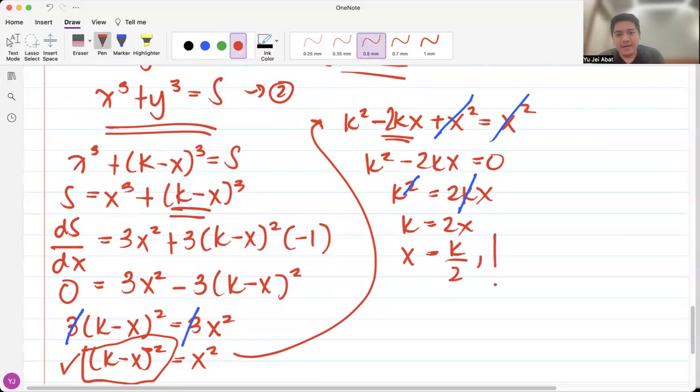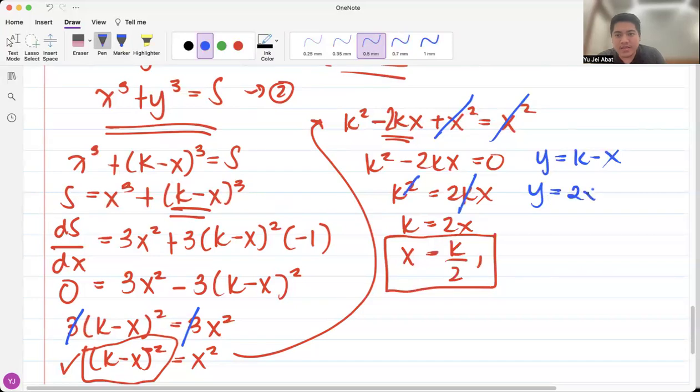But again, from our formula a while ago, we know that y equals k minus x. If we input that, we have y equals 2x minus x, since k is 2x. We do this because we want to find the value of y.